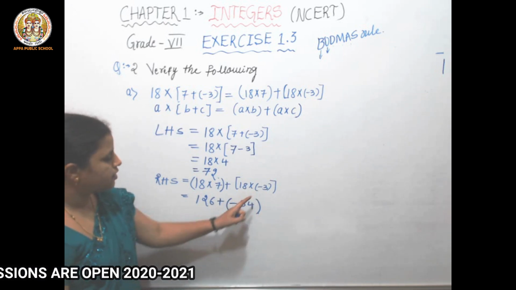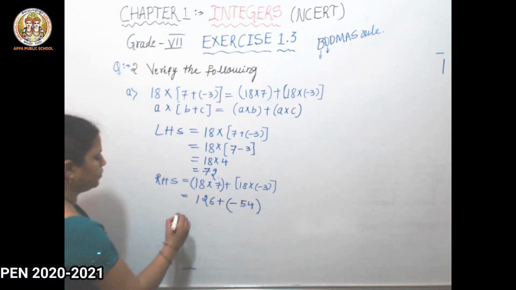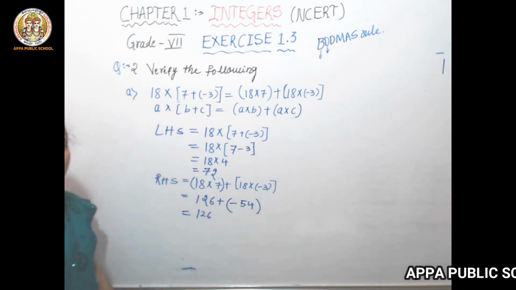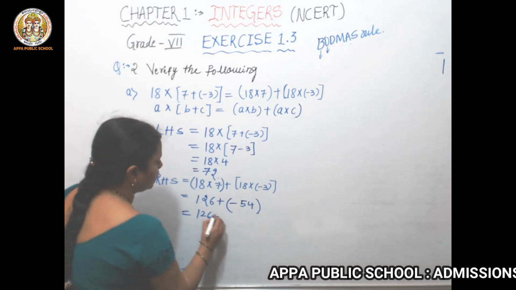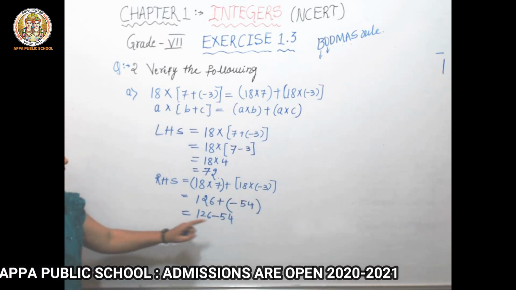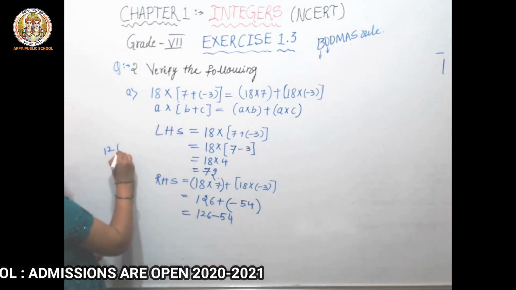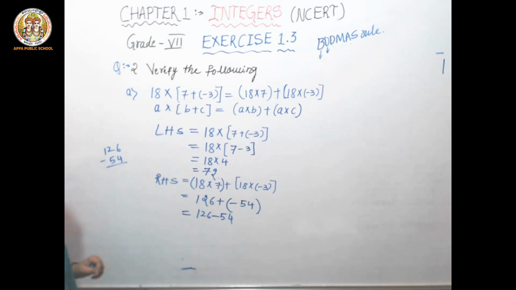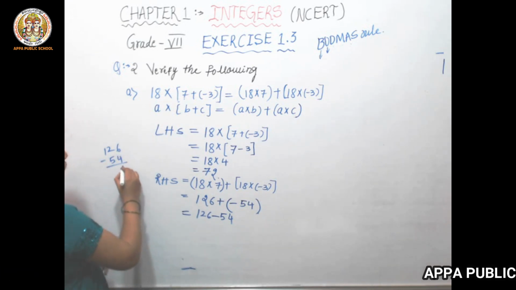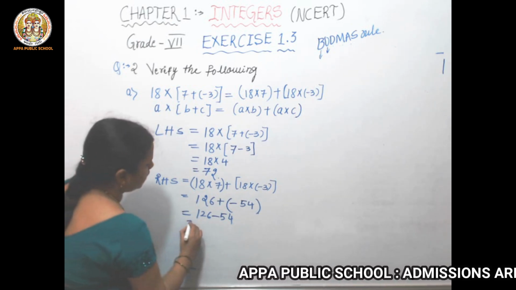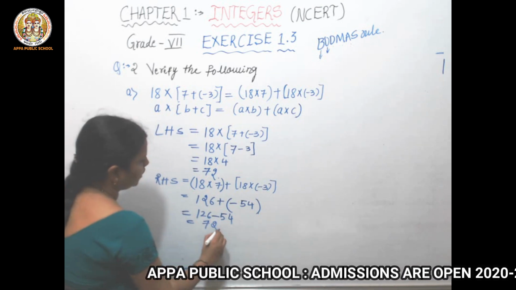So 126 and it is minus 54. Now 126 minus 54. Here 6 minus 4 is 2. 12 minus 5 is 7. So it is 72.